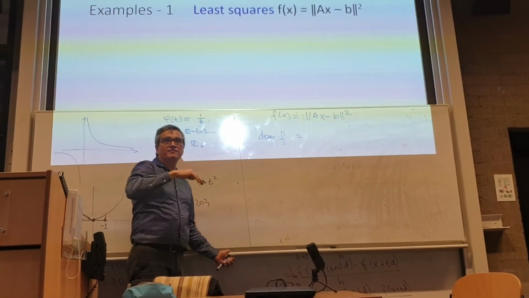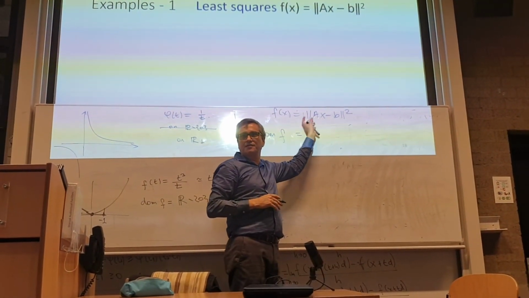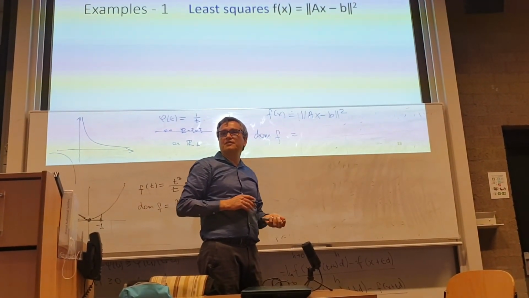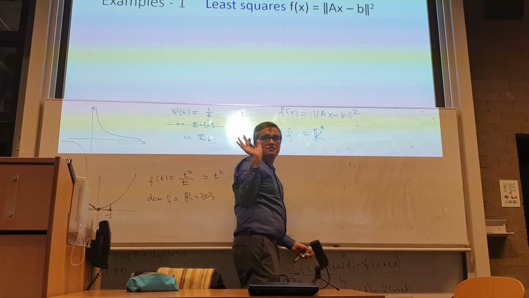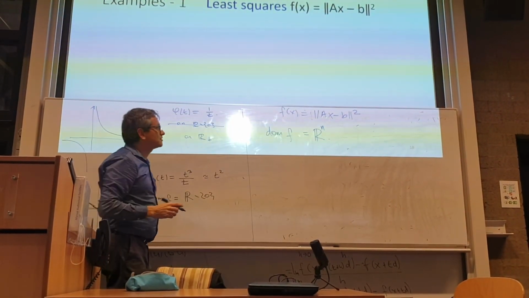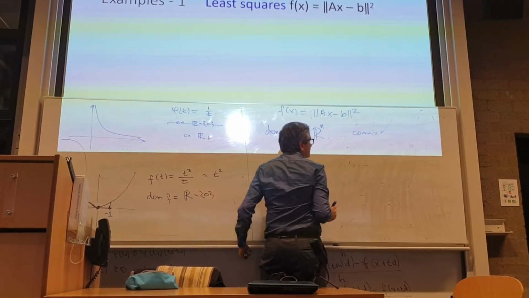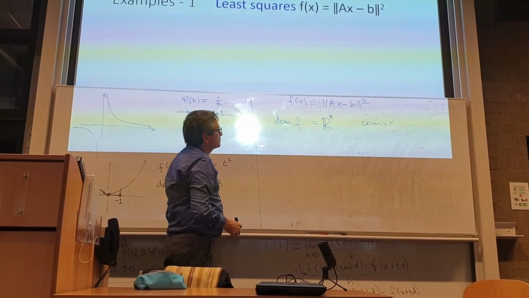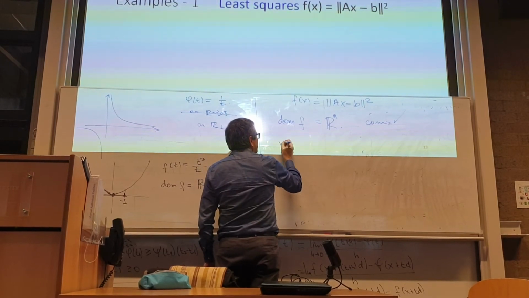I need to do a matrix-vector multiplication, that's not restricted anywhere, and then I have to take the norm squared. That's not restricted. So the domain is the whole space, which is convex. So the domain is convex, okay? And now we have to apply our criteria. So, I mean, we can try with the definition, but let's try with the gradient. What is the gradient of f?